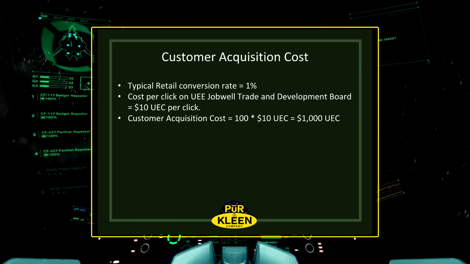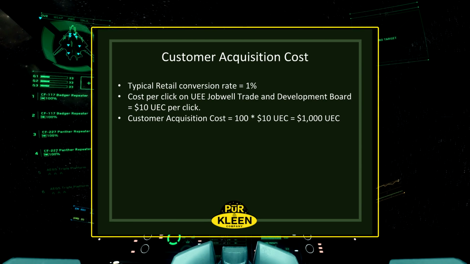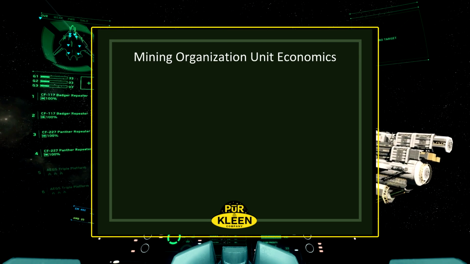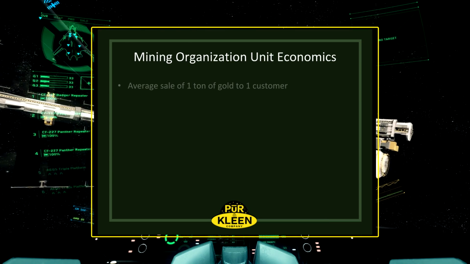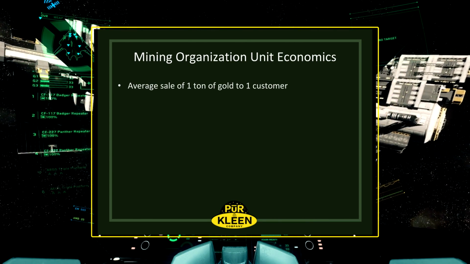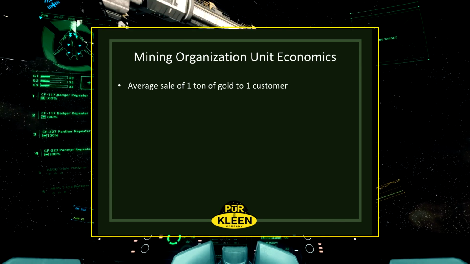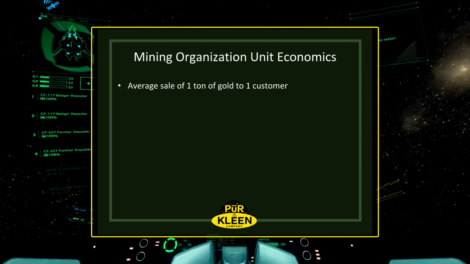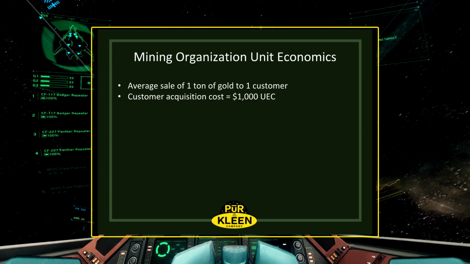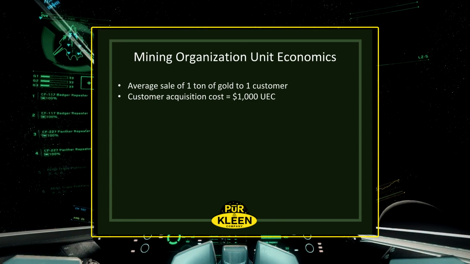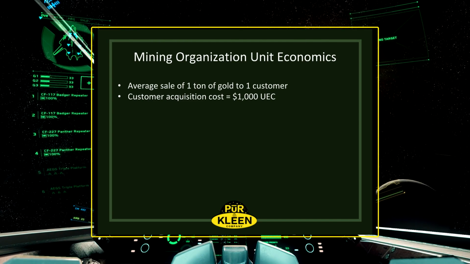Now, as I explained in the first video, we're going to use a mining organization as an example for this series of videos. So let's consider the unit economics for the average sale of 1 ton of gold in our Star Citizen fictitious mining organization. As we just discussed, our customer acquisition cost is equal to 1000 UEC per customer.